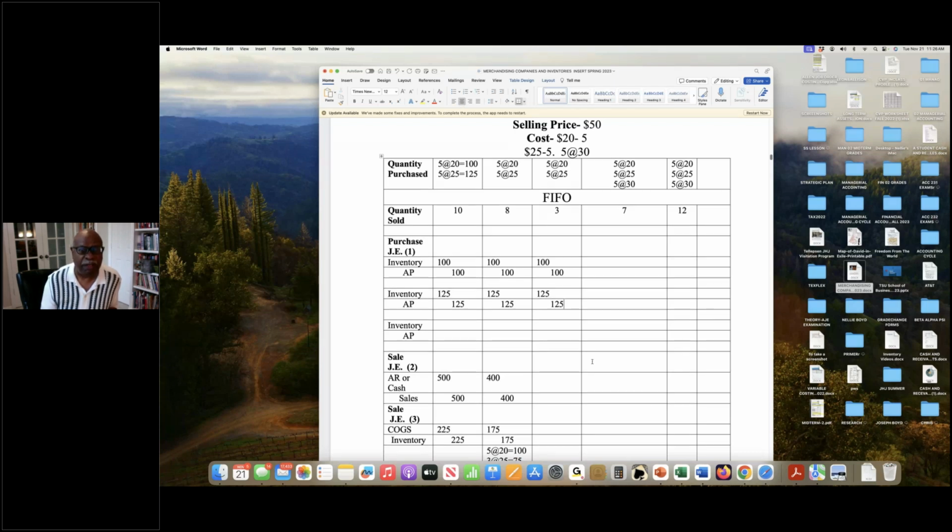But if we sell 3, we're going to get what? $150. But which 3 are we going to sell? Because we're using first in, first out, we can't jump down here and use a higher cost. We got to sell the 3 at 20. So everyone see that?